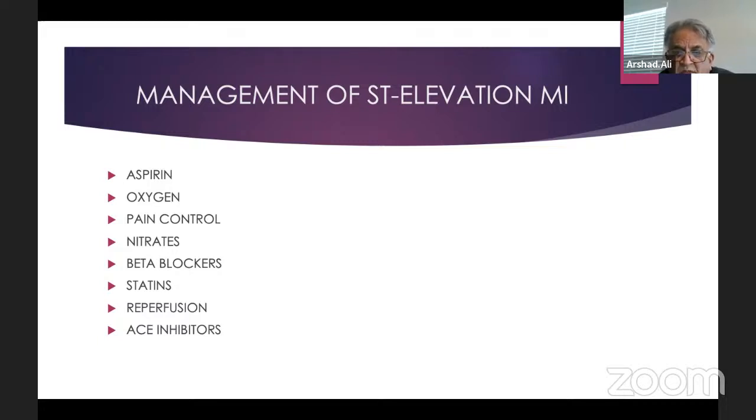Those are the people you can give IV beta blocker. Metoprolol 5 milligram is a typical dose used, but be careful if the patient is in florid heart failure, because in the initial phases, if you are in class 3 or class 4 heart failure, administration of beta blockers can depress your ventricular function further.